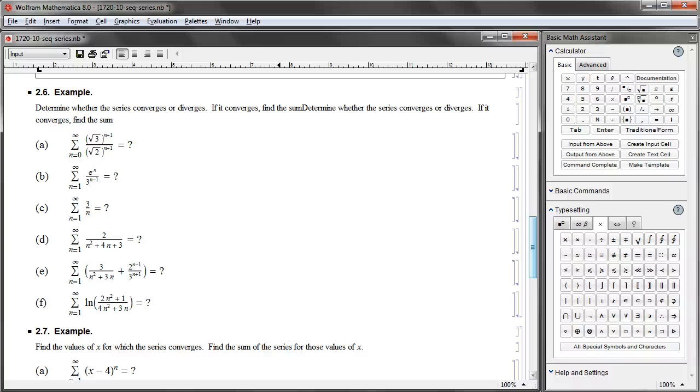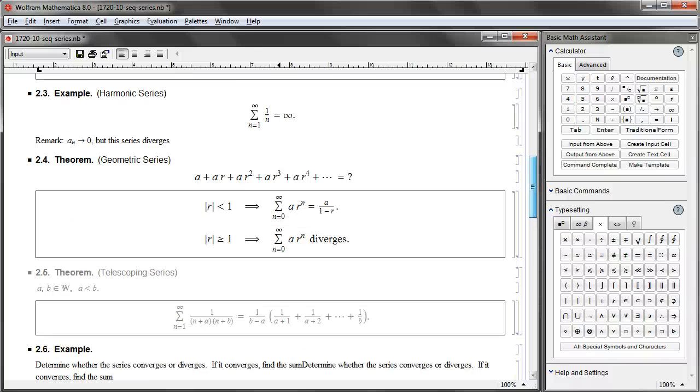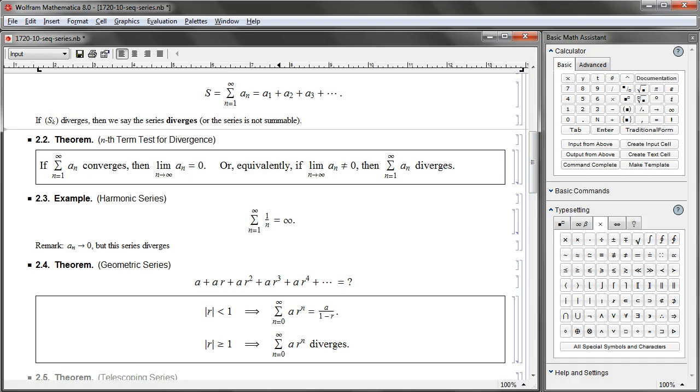Well, we need a little bit more tools, and the first one I'm going to start with is the nth term test for divergence. There's a reason this thing is called the test for divergence. We cannot use it for convergence. In order to conclude a certain series converges, it's going to be a heck of a lot more complicated than this. In order to conclude a certain series diverges, sometimes this is sufficient.